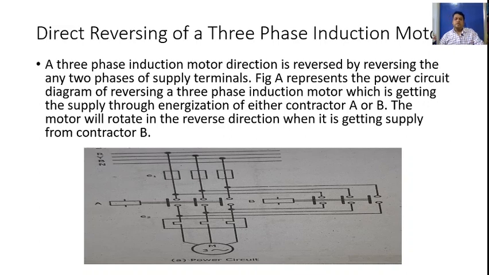This is called direct reversing, where the terminals are changed from A terminal to B terminal. This is A, this is B. By using the contactors, we make direct reversing possible. With the help of these contactors, we connect to B. Now the polarity changes and the direction of rotation of the induction motor is reversed.